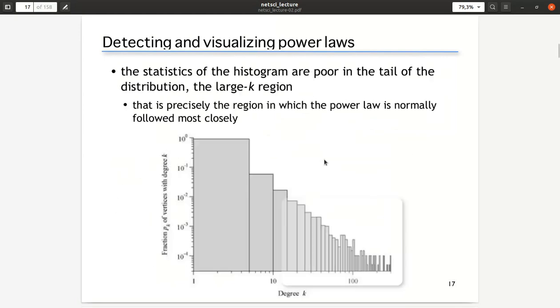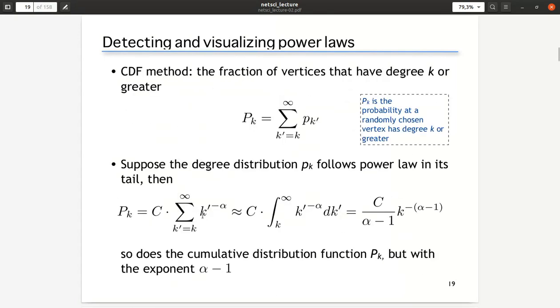Okay, and I'm substituting here. I need to use k dash, because now we have that running index. We have an approximation here: in fact it's a sum, but we can substitute it with an integral, which if you want is the continuous version of a discrete sum. So this is why it's an approximation.